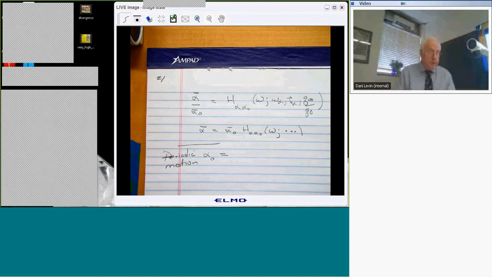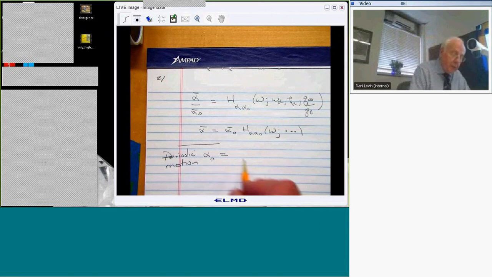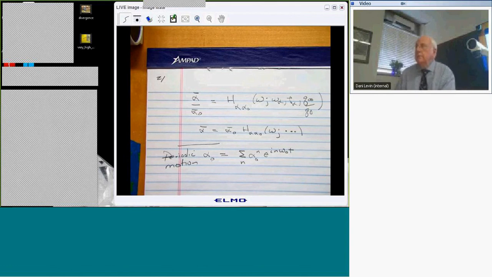So I'm going to let alpha naught be a little more elaborate. I'm going to let it be a summation over n of alpha naught super n e to the I n omega naught t. Omega naught is still the frequency, okay, of the input.